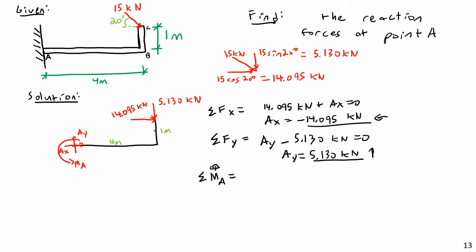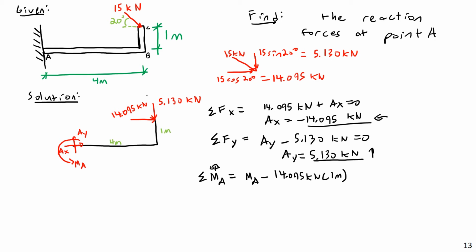Okay, so I'm going to use each individual force and its perpendicular distance. So I'm going to have MA, the reaction moment. I will have now this horizontal component is going to generate a negative moment about point A because that is a clockwise rotation. So negative 14.095 kilonewtons times a moment arm length of 1 meter.